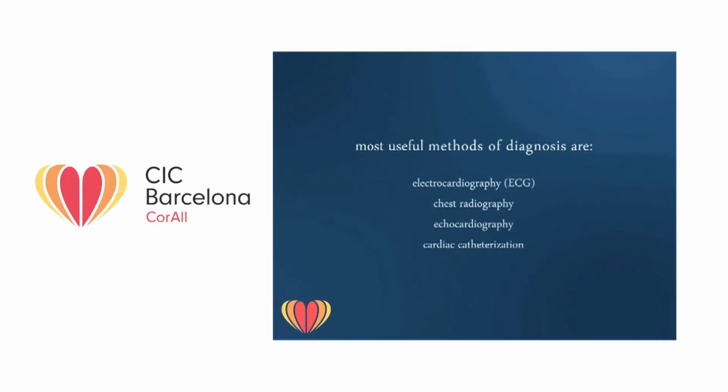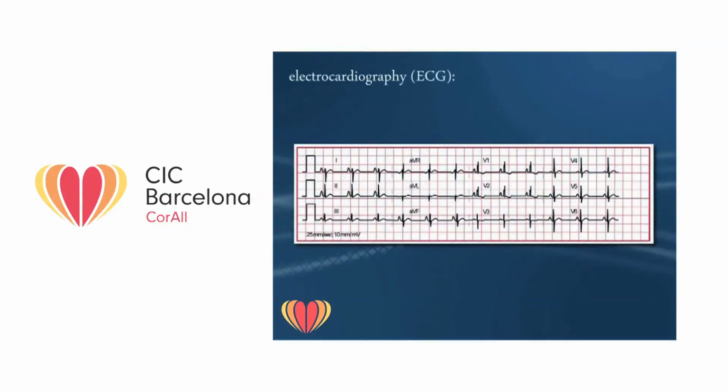The most useful methods of diagnosis are electrocardiography, ECG, chest radiography, echocardiography, and cardiac catheterization. Electrocardiography usually reveals right bundle branch block and signs of right atrial enlargement.